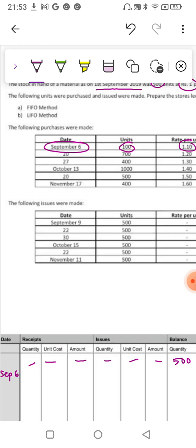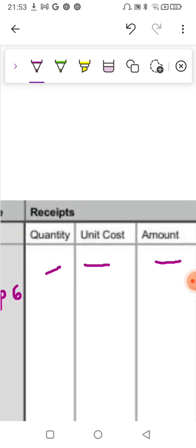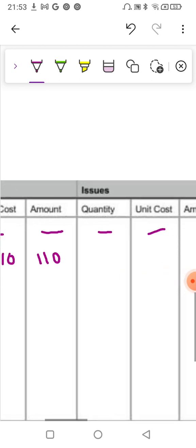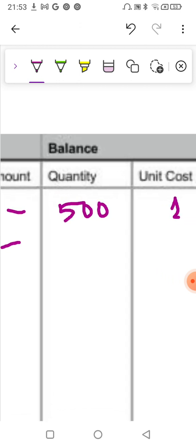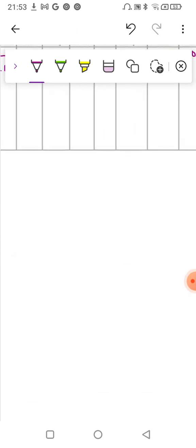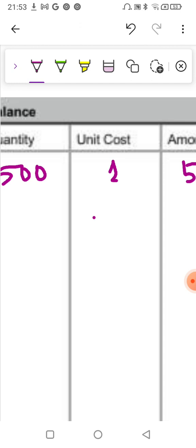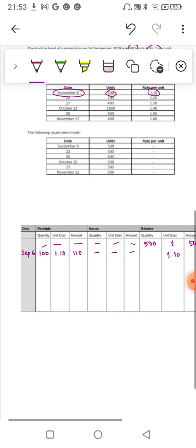Under receipt I write the quantity 100 and the per unit cost of 1.10, so 110 becomes my amount. There was no issue on that same date. So my balance will be, as of now, 500 units at 1 rupee, and now 100 units purchased at 1.10.